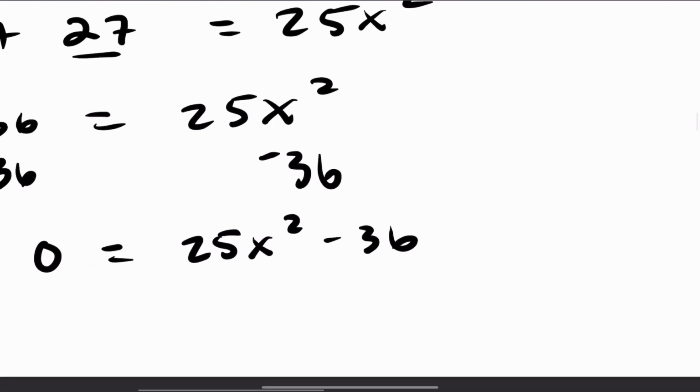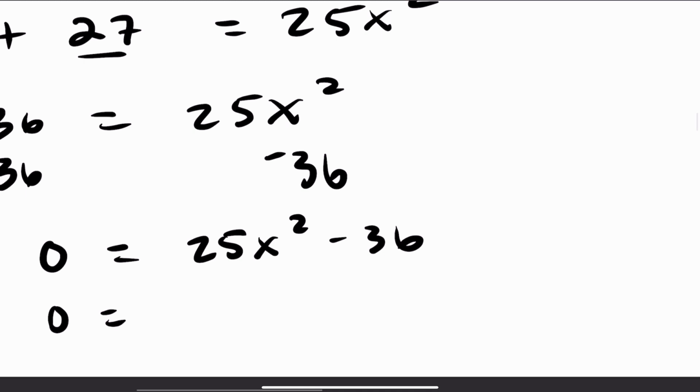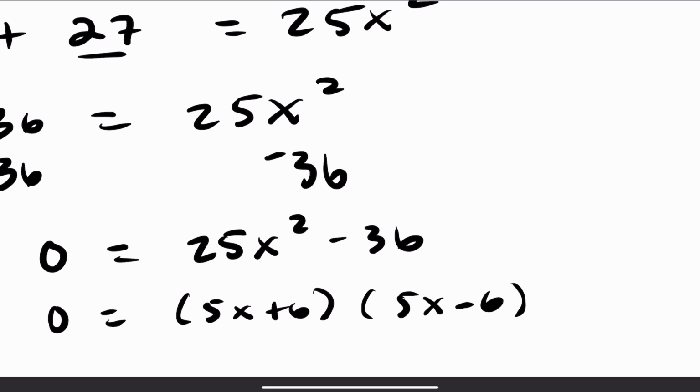This right here is an example of difference of 2 squares, because 25 is a perfect square, 36 is a perfect square, and we can't forget that x squared there. That is also a perfect square. And all of these terms, these perfect squares, are separated by this minus sign here. So 0 is equal to 5x plus 6 times 5x minus 6.